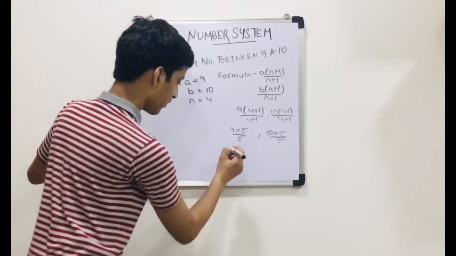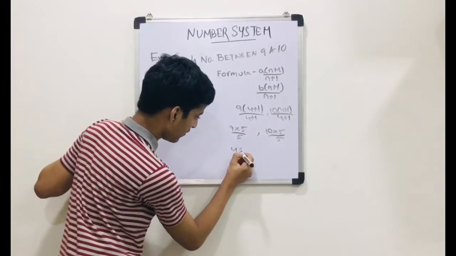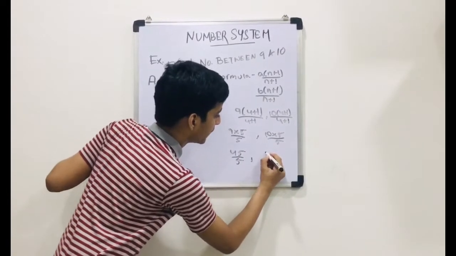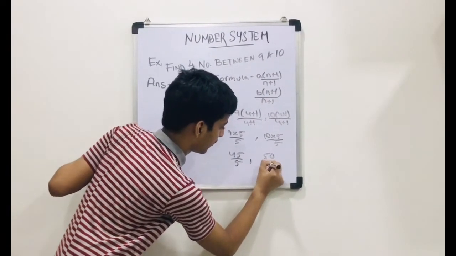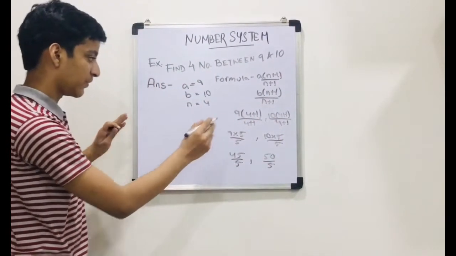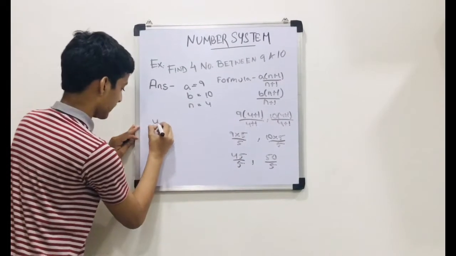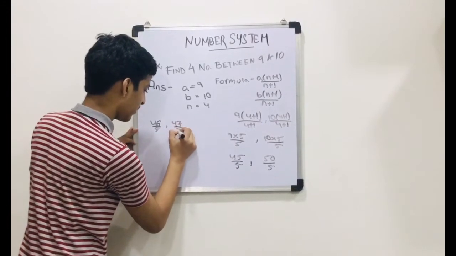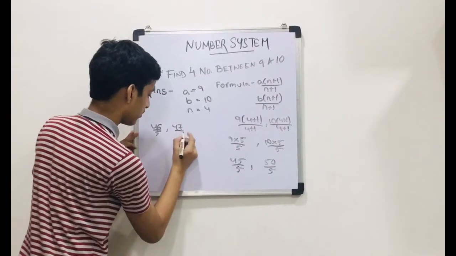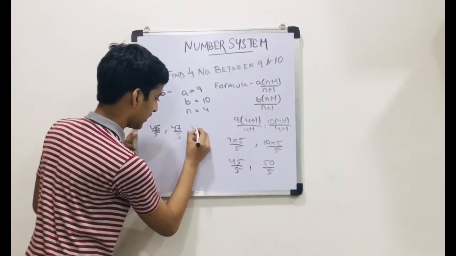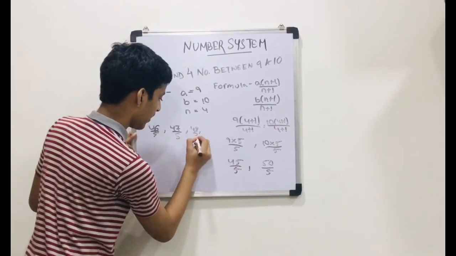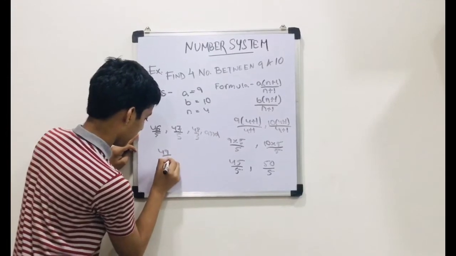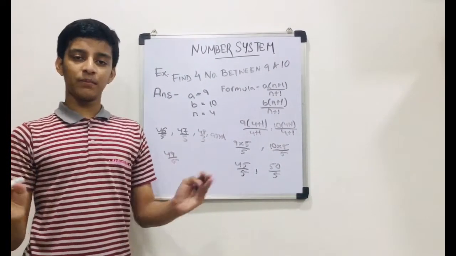So here we get 45 upon 5 and 50 upon 5. So the numbers between them would be 46 upon 5, 47 upon 5, 48 upon 5 and 49 upon 5. So these are the four numbers that we want.